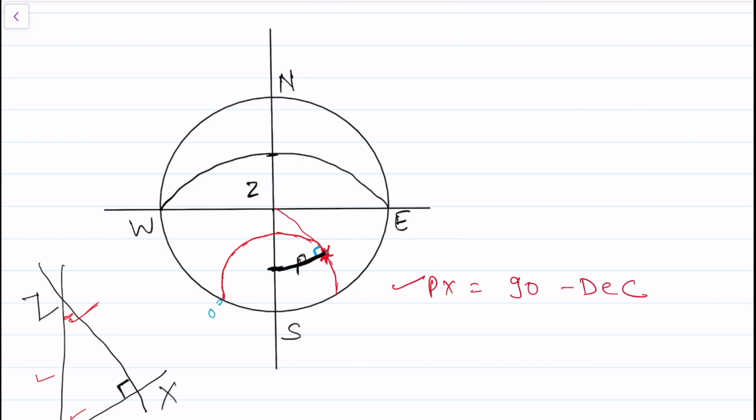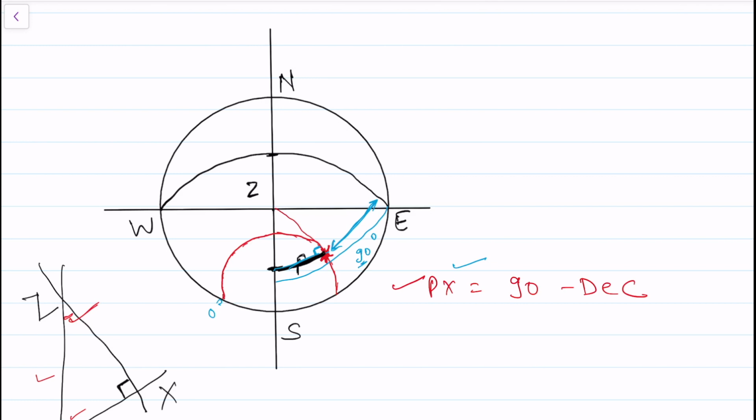Let me explain it to you here. Now from pole to the equinoctial is 90 degrees, right? So this much is the declination. So 90 minus this declination, I'll get PX, that is what I have written here. Now what is ZP?